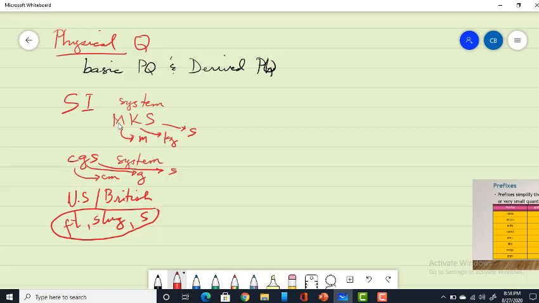Okay, since we have different systems of units for our physical quantities, basic and derived, we need to convert. So the topic conversion of units comes in.